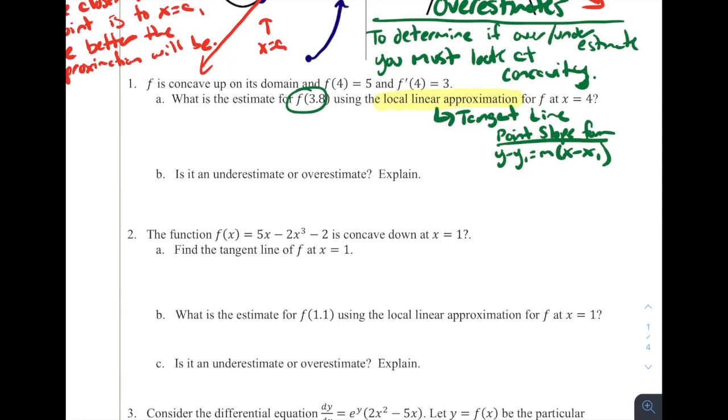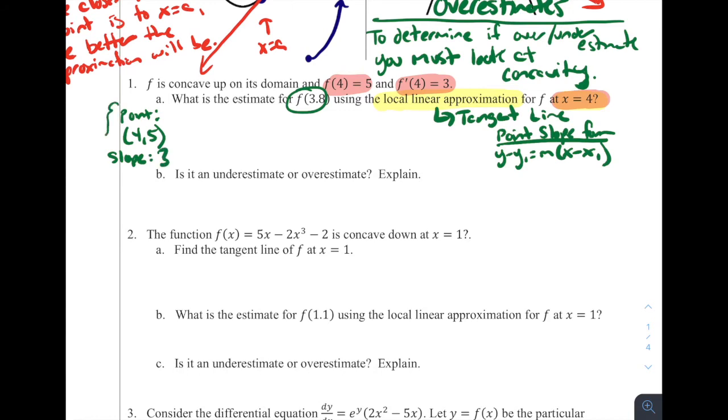Let's see how. So we know the point that it's going through at x equals 4. We see that at x equals 4, the output of the function is 5. So the point that we have is (4, 5). And we know the derivative is the slope of the tangent line. At x equals 4, that derivative is 3. So the slope is going to be 3.